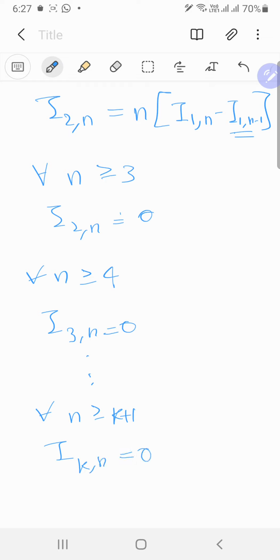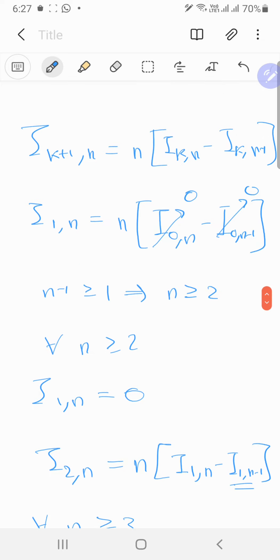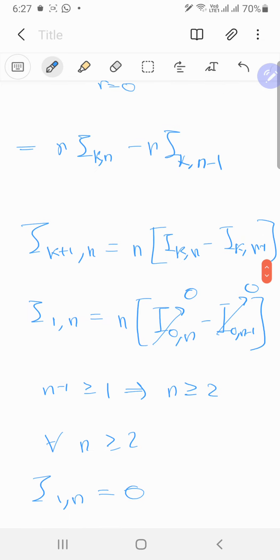Okay, so now the question is, what happens if k is equal to n? Let's just plug that in. Let's plug the value of k as n, and let's see what we get.